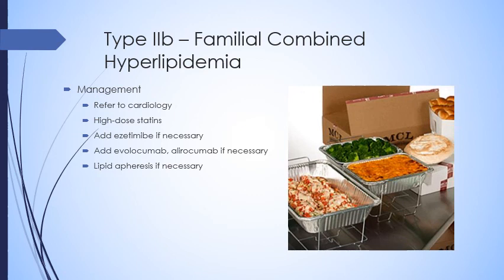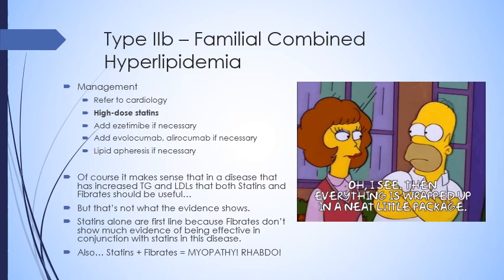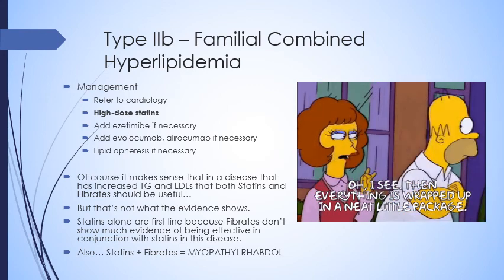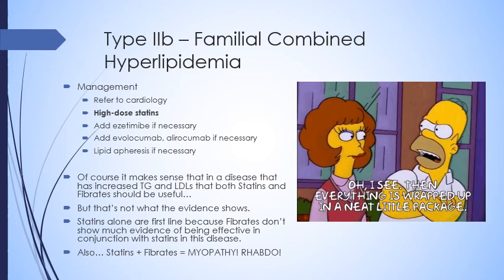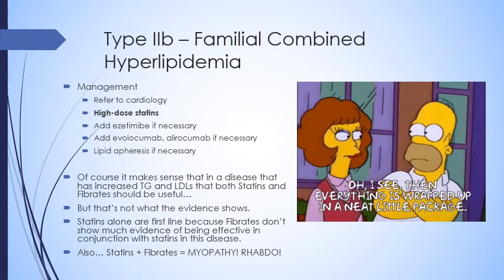Management, of course, refer to cardiology. High-dose statins and fibrates, add ezetimibe if necessary, add evolocumab and alirocumab if necessary, and then lipid apheresis, of course. The interesting thing is that even though you do see treatment with high-dose statins and fibrates, the recommendation now is switching to just high-dose statins.